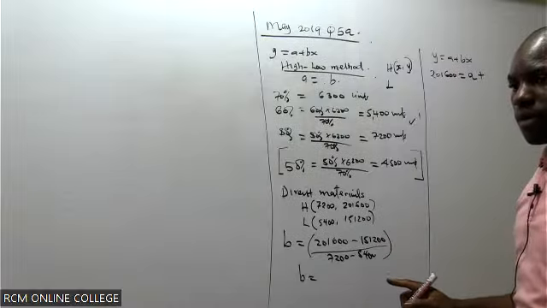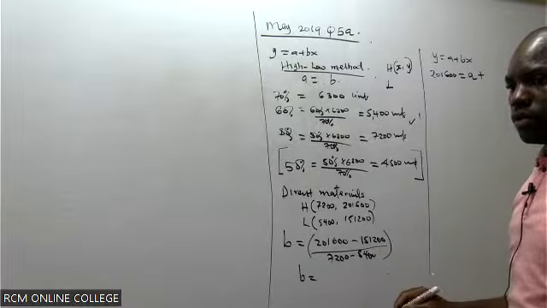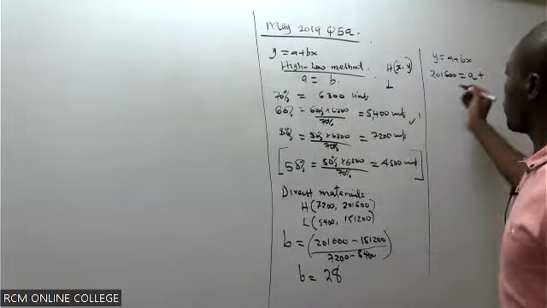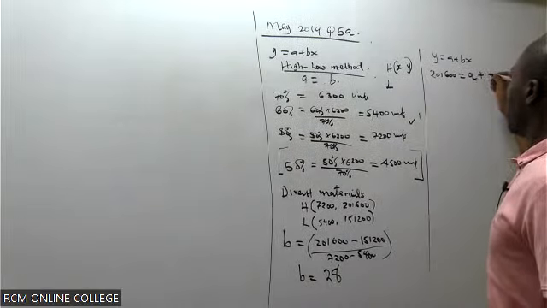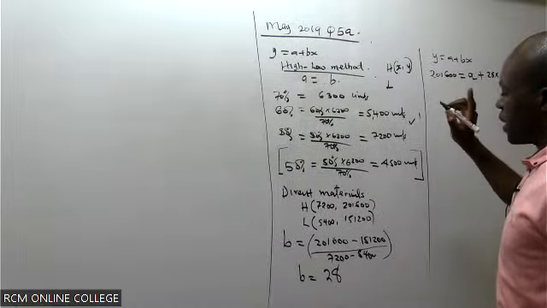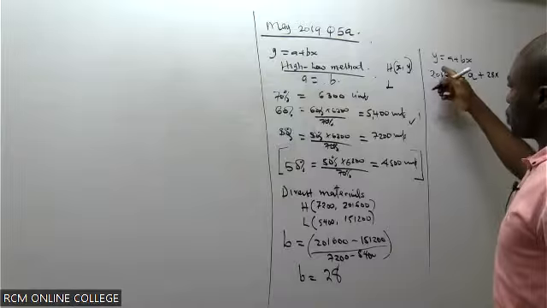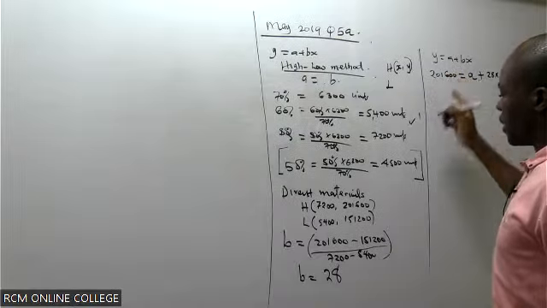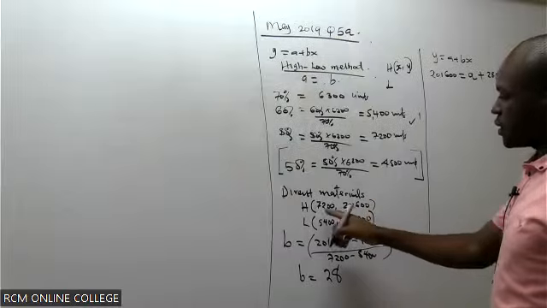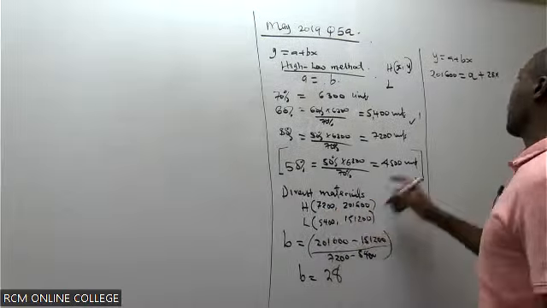B should be 28. So it is equal to A plus BX, which is 28, and that 28 we multiply by X. When Y, the total cost, is 201,600, X is equal to 7,200.